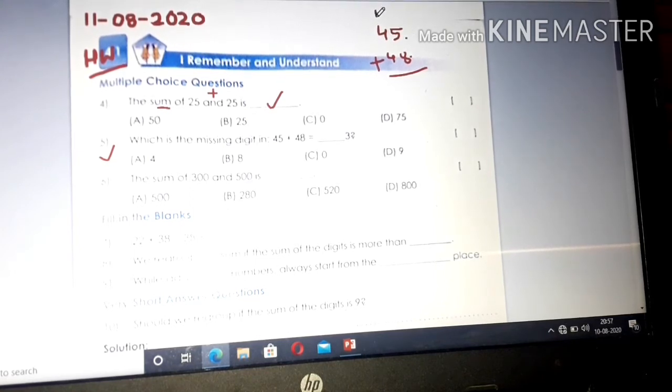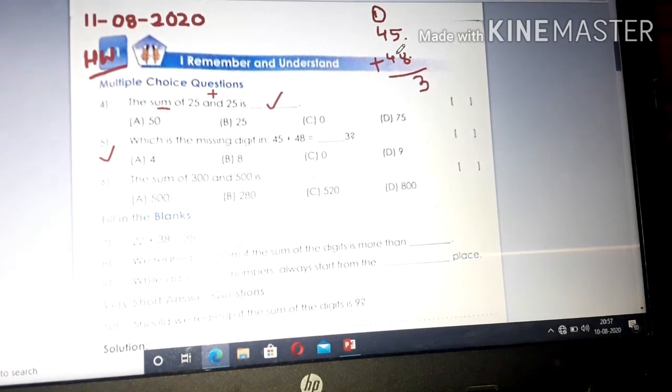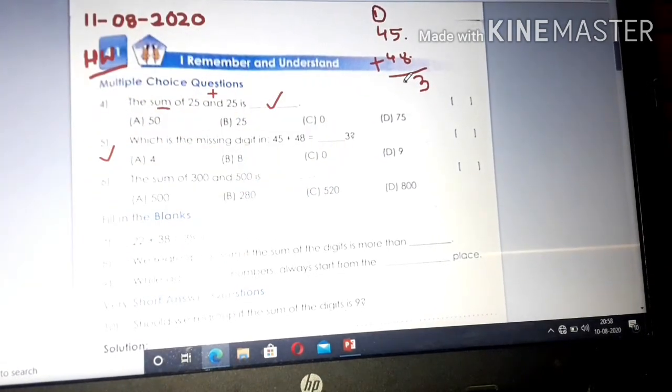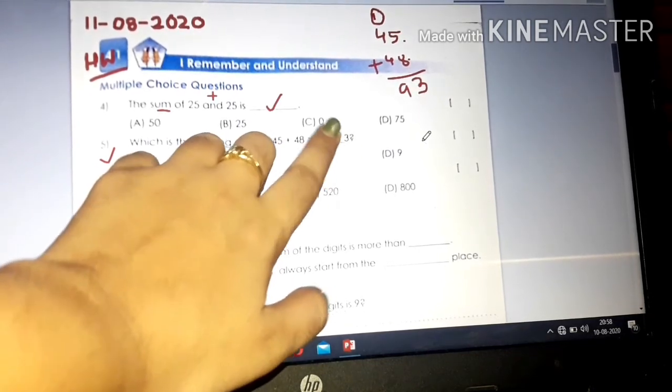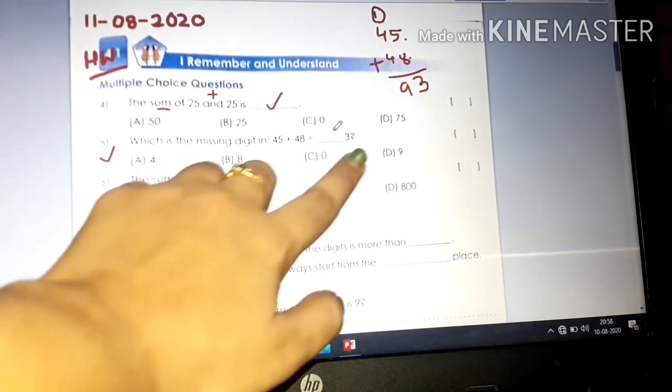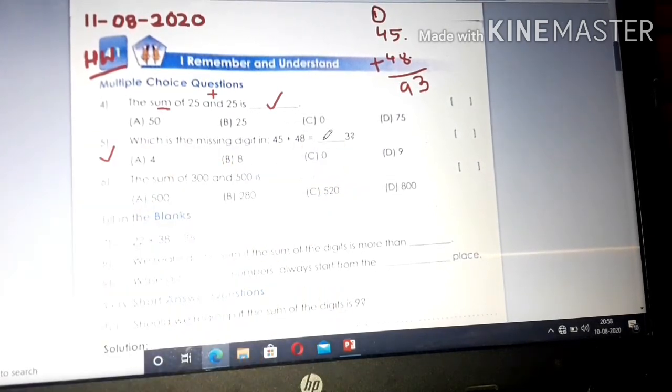So 1 we have to regroup. We carry over 1 and write 3 in the ones place. Now count the tens place: 4 plus 4 is 8, plus 1 is 9. So what comes here? 93. Now children, what is missing in the sum? Which digit? 9. So you have to write the answer here.